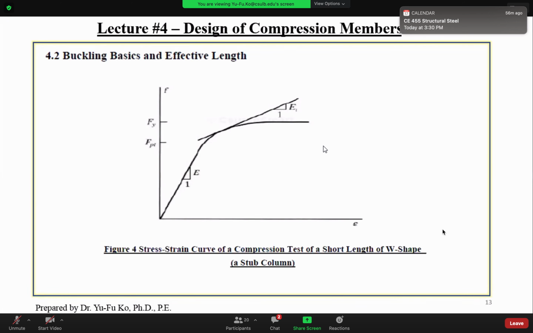Does hardening happen before necking? Hardening happens at the same time. Hardening is also due to necking, yes.